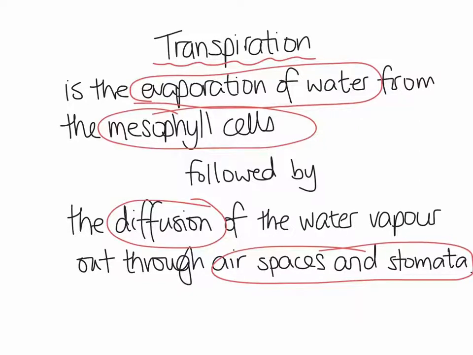Now, what kind of factors would affect transpiration? Well, in transpiration, you're trying to evaporate water, and then you want the water vapour molecules to diffuse away. So if you think about trying to put washing out on the line, you want a warm day, and you probably want a windy day.